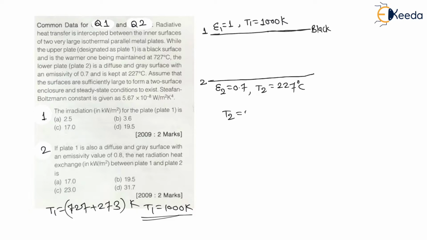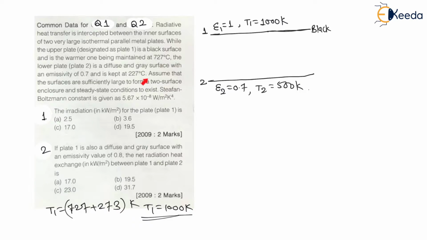Therefore T2 can be written as 227 plus 273, which is nothing but 500 Kelvin. Let us write the temperatures in Kelvin, so T2 is equal to 500 Kelvin.